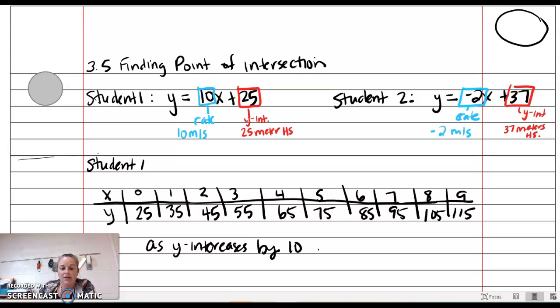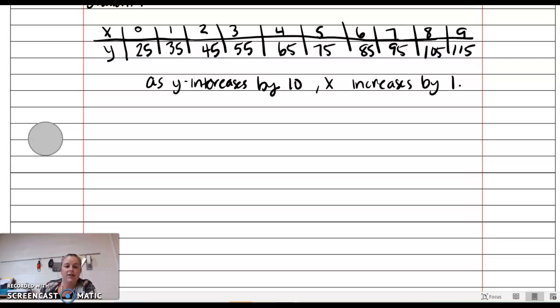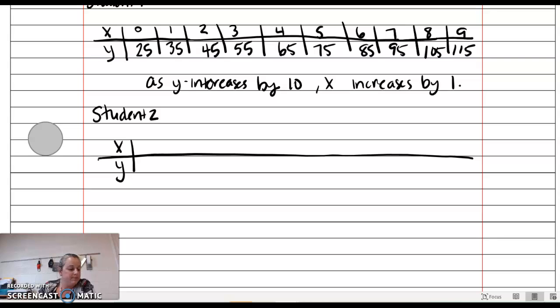Okay, so describing this as y increases by 10, x increases by 1. And so this shows that this is definitely a linear relationship because we do have that constant increase every single time. All right, let's look at student 2. And again, we'll go up to 9 or so.